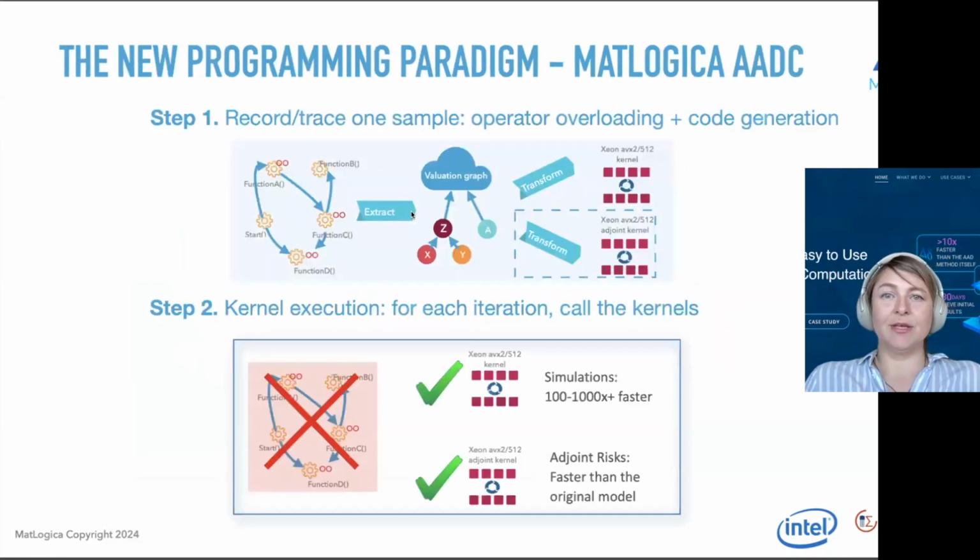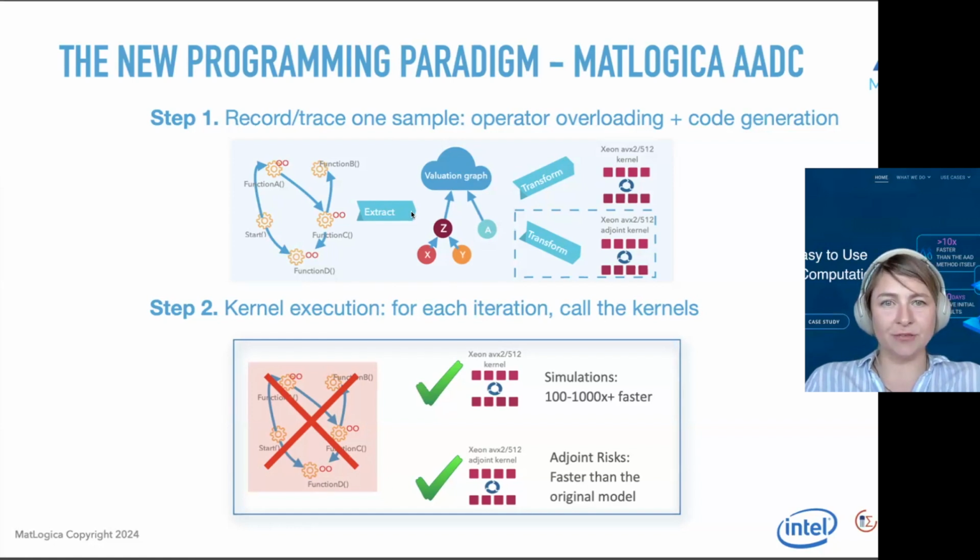With Matlogica, you can address that. The way it works is that for the first sample of your data, we will trace your operations using operator overloading, and we'll extract the evaluation graph, which is your primitive operations: plus, minus, divide, exponent, and so on.